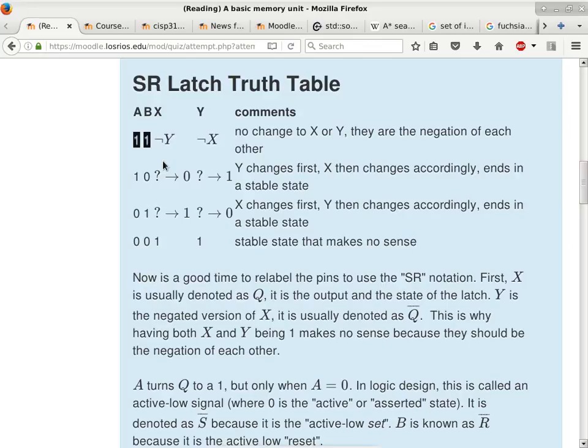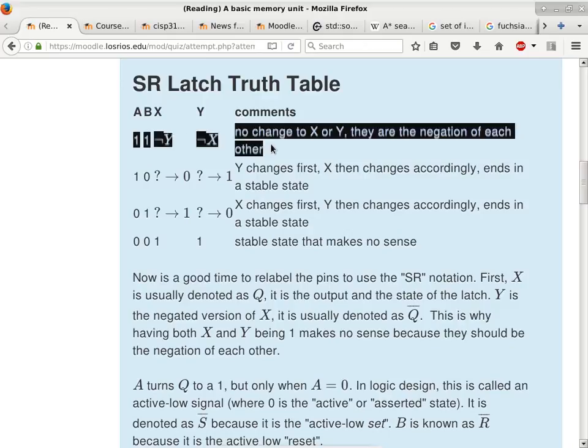So this row here. Okay, I'm just going to highlight the row again. This row is the magical part of the SR latch that makes it different from all of the other circuits that we have seen at this point. Because for every other circuit that we have seen up to this point, the moment you change the input pins, the output is directly a function of the input pins.